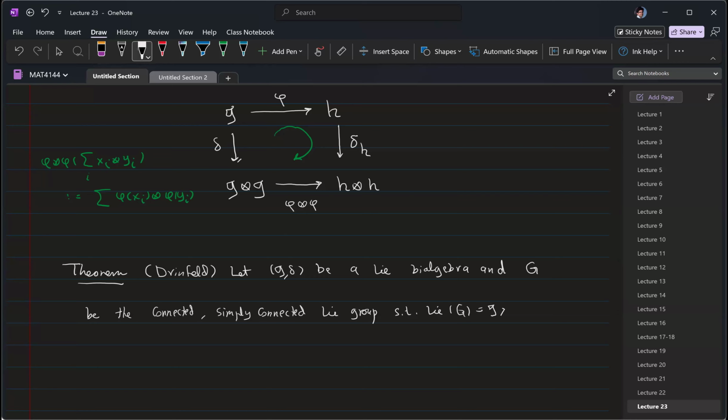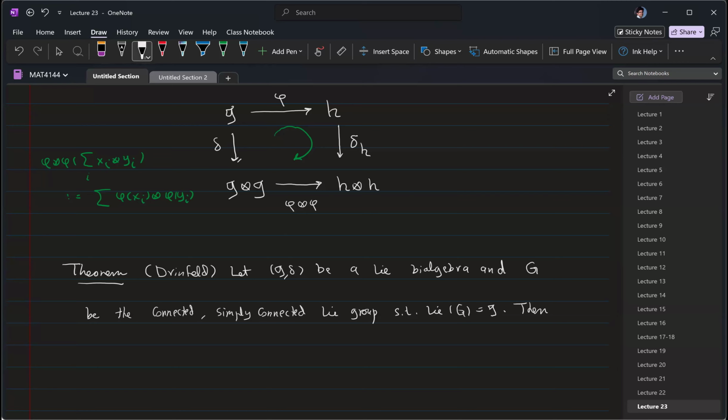All right. So at the moment, capital G doesn't depend on delta. Capital G is this Lie group, which is simply connected and connected, with Lie algebra G. Okay.